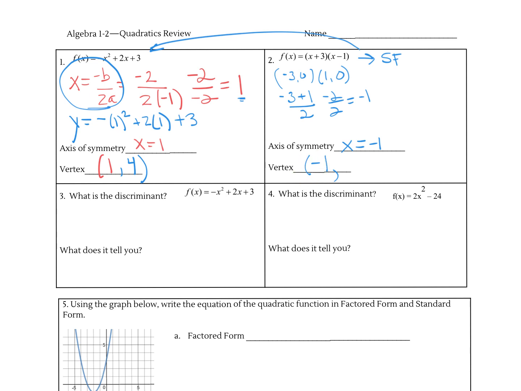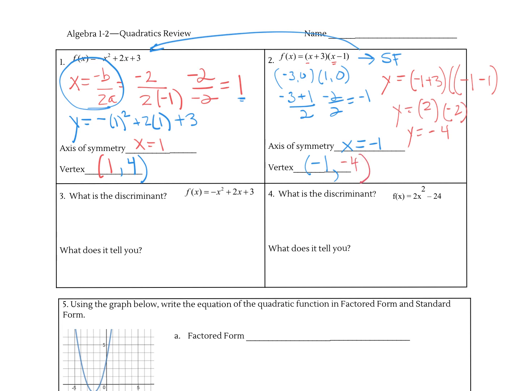To find the y now, we're going to go back into the original, and instead of x, I'll put in -1: -1 plus 3 times -1 minus 1. So -1 plus 3 is 2. -1 minus 1 is -2, and that's going to give us a y-coordinate of -4.